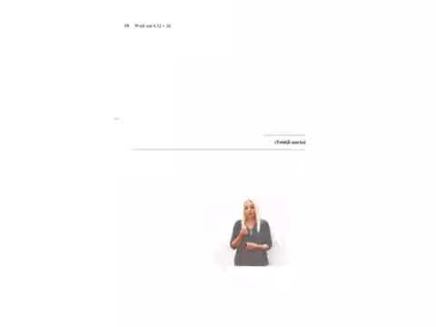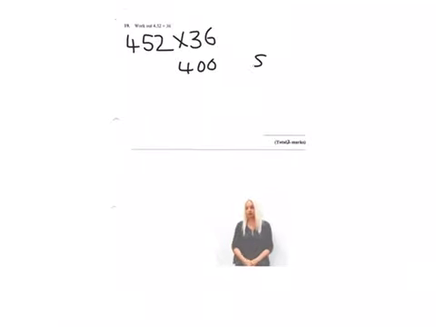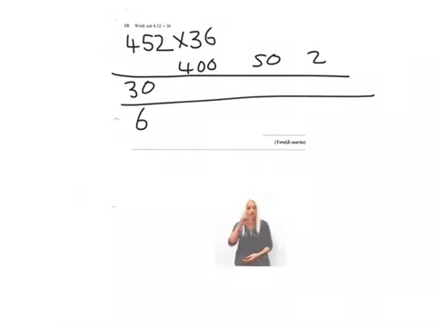So for question 19, there's a few different ways to do it. I'll show you two different ways. The first one is the grid method. So for the grid method, you take out the decimal point and do 452 times by 36. So split that into your grid. 36. Put your lines in.